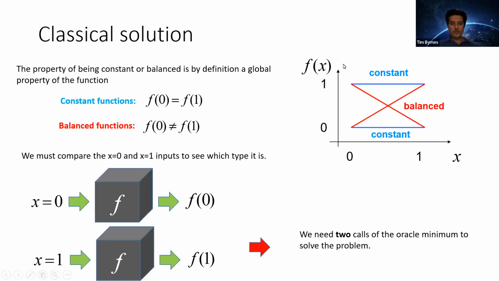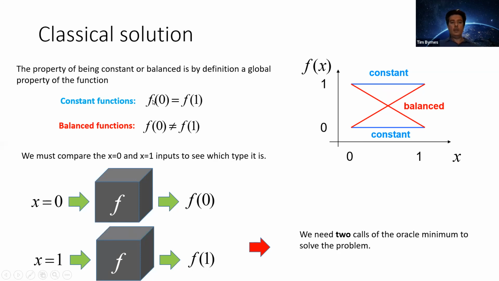All right, so I was talking about the classical solution to this problem. Basically, you have to evaluate it definitely two times, because you need to evaluate for x equals 0 to get the output f(0), and then you need to evaluate for x equals 1 to get the value f(1), and only then can you figure out which category it's in.